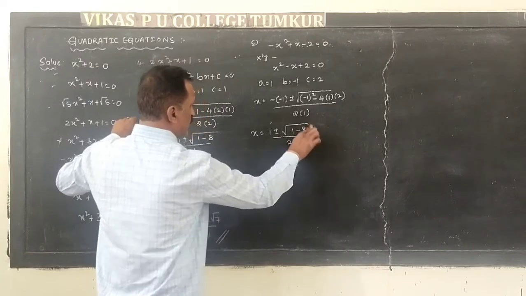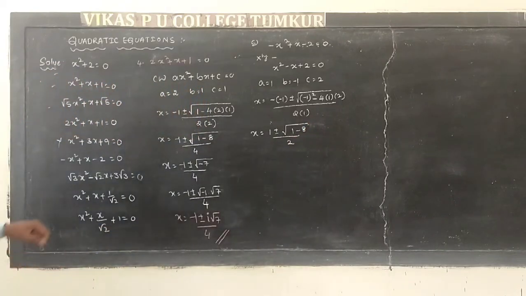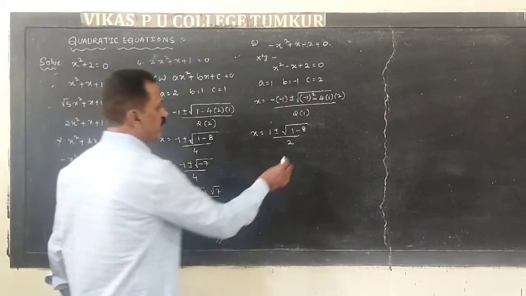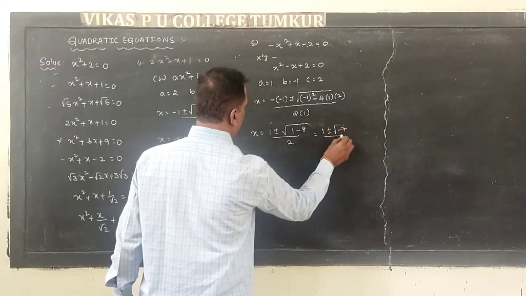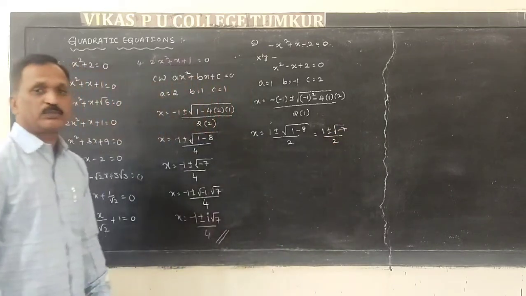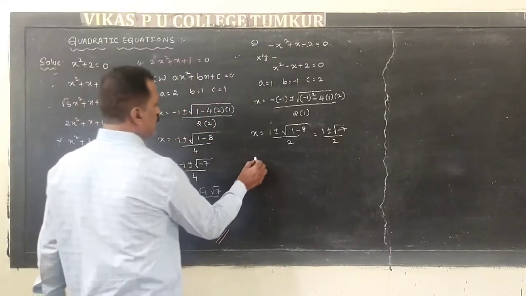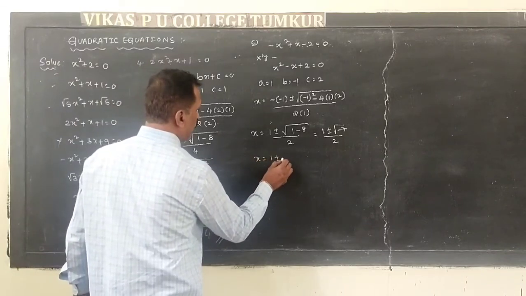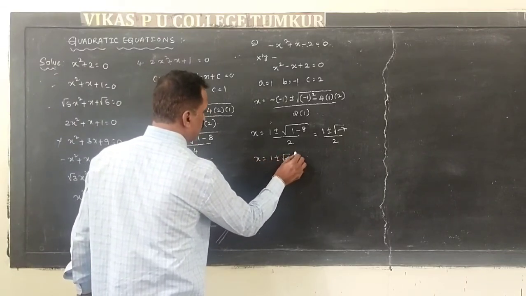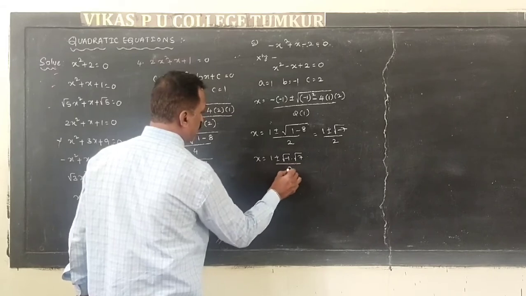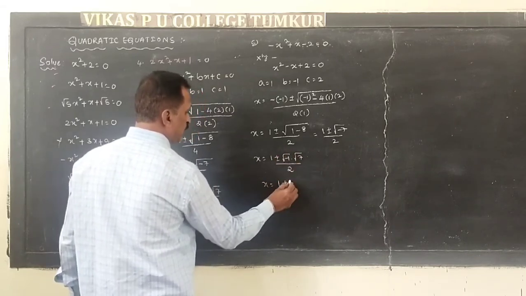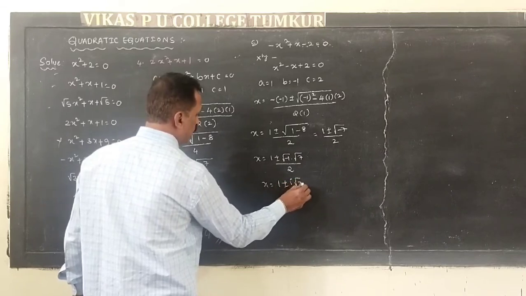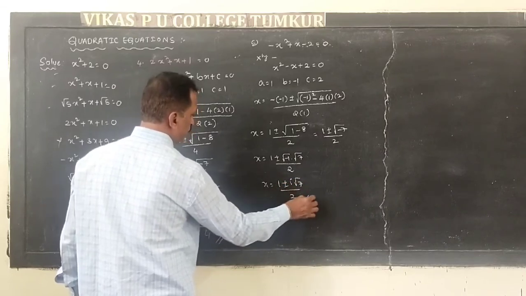Will you get the same answer, right? Now the value is 1 plus or minus root of minus 7 by 2. Can you simplify further? Then the value of x is equal to 1 plus or minus root of minus 1 into root 7 divided by 2. x is equal to 1 plus or minus i root 7 divided by 2, since root of minus 1 is i. That's all.